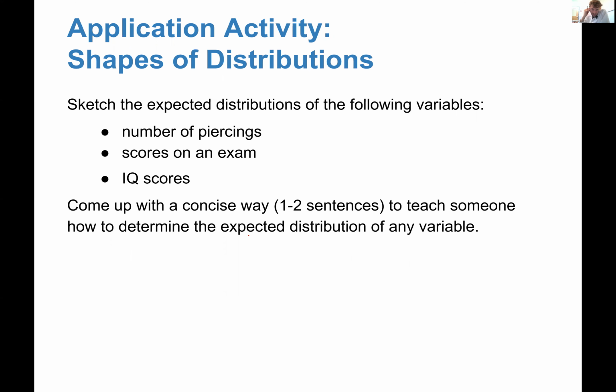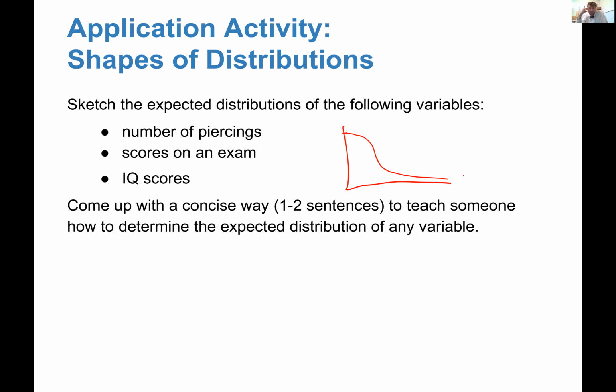Number of piercings: you can't have any less than 0, but 0 would be the most common, and then 2, and then something like that. Or if I made wider bins, grouping by 2s, then something like that.